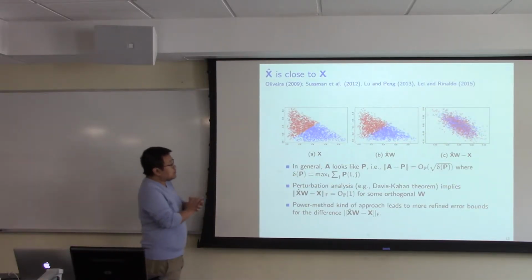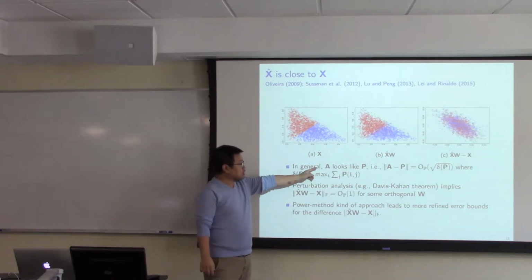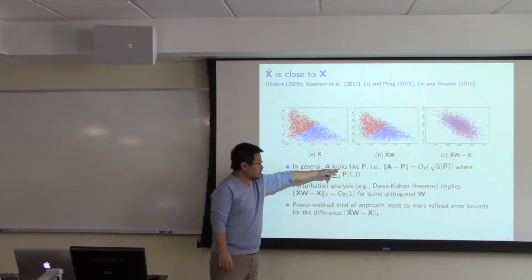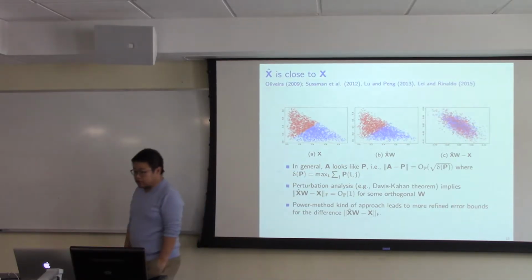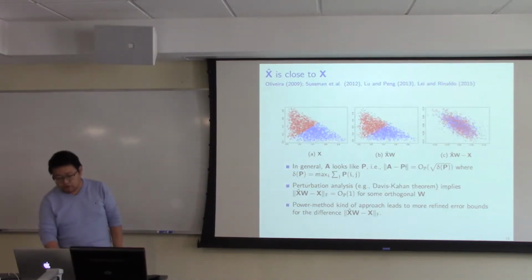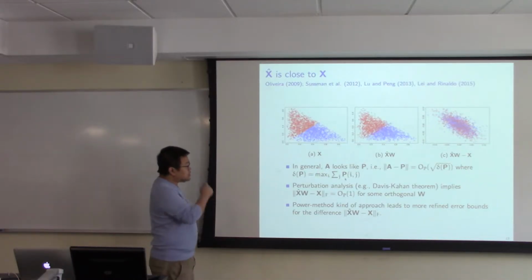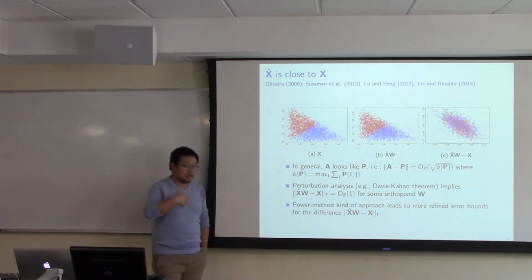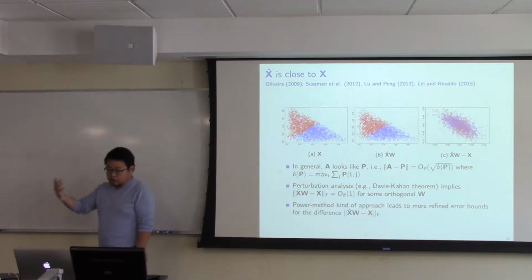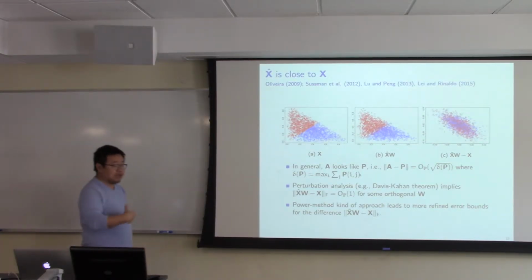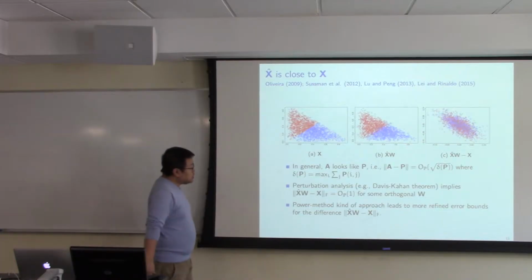It turns out that the spectral norm difference between the two matrices, the graph and the matrix of edge probabilities P, can be shown to be bounded by, say, the square root of the maximum row sum. Now that may not seem like a lot, so let's consider a dense graph where this maximum row sum is of order n, where you have n vertices.